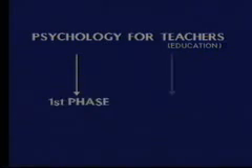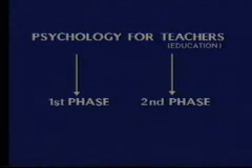In this title, we have found 2 subjects, psychology and education. The constituent classes are called phases. Psychology is the first phase and education is the second phase, and their relation is known as phase relation.